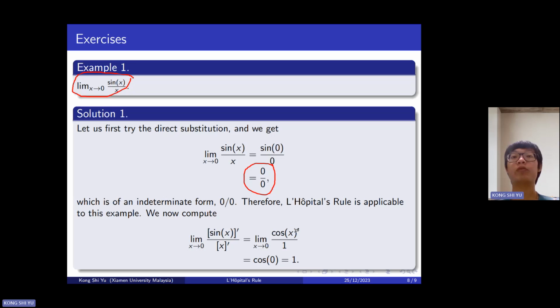We will now compute the derivative of sine x, which is cos x, and the derivative of x is 1. After substitution, we obtain cos 0, which is equal to 1, as desired.